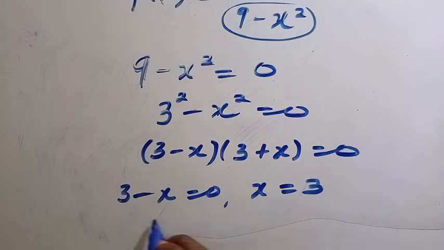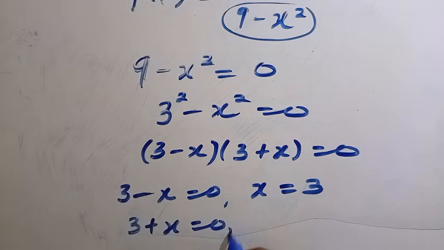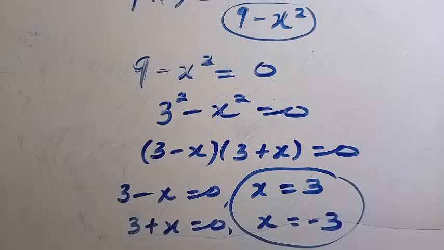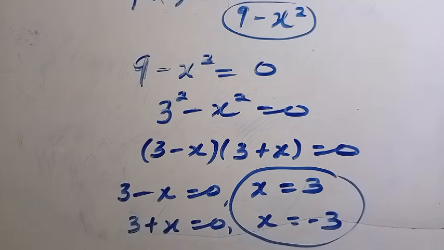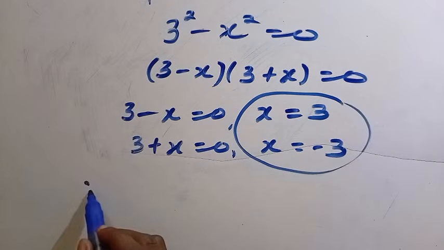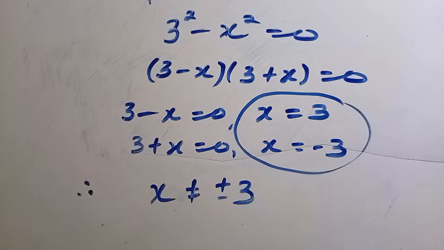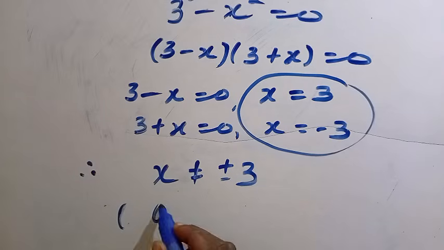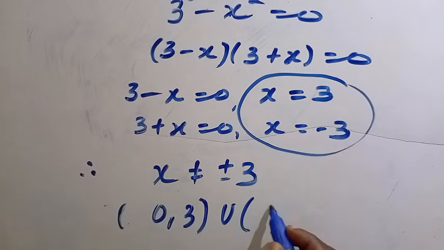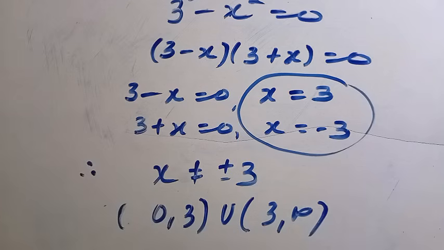And for 3 plus x equals 0, it means x equals minus 3. These are the only two values that will make that denominator equal 0. Therefore, we must avoid x being equal to 3 and minus 3 at that denominator. So in conclusion, x here is not equal to plus or minus 3. And in a simple way, we can write it as (0, 3) union (3, infinity). So this is what we are going to have for this.